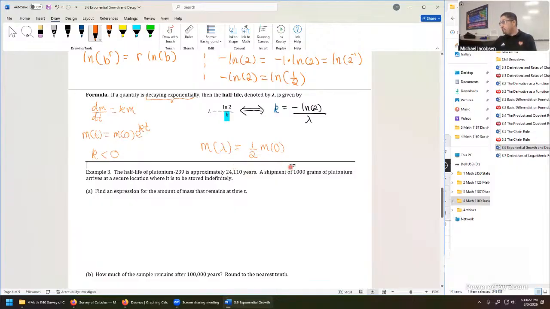So the scenario of this problem says a shipment of 1,000 grams of plutonium, we're referring to 239, arrives at a secure location where it's to be stored indefinitely. There's plenty of sites like that across the USA. We want to find an expression for the amount of mass of plutonium-239 remaining at time t. Well, the moment it said half-life, it tells us we're talking about a relative decay model.